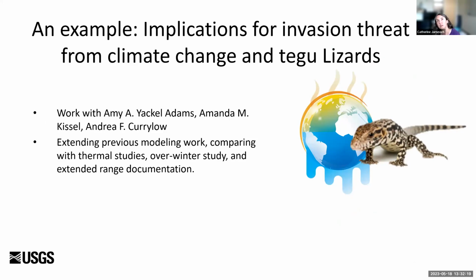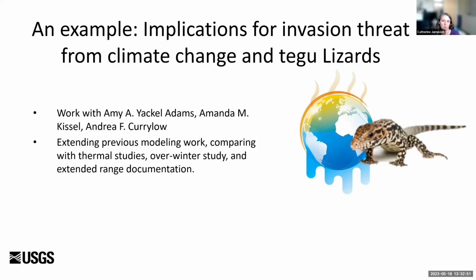And so I didn't really have any great examples of showing implications for invasion threat with climate change and these habitat suitability models like what we have in INHABIT, even though we're moving towards that. So I wanted to quickly go through this example of work that I've done with tegu lizards in the Southeast. This is work with some colleagues at USGS who have more of a background in herpetology.